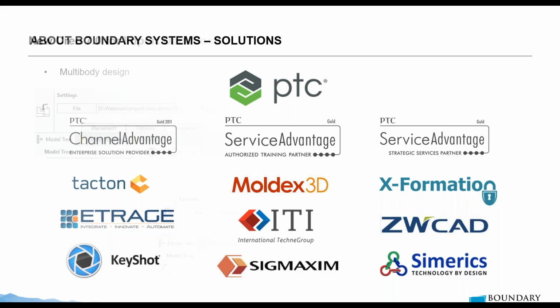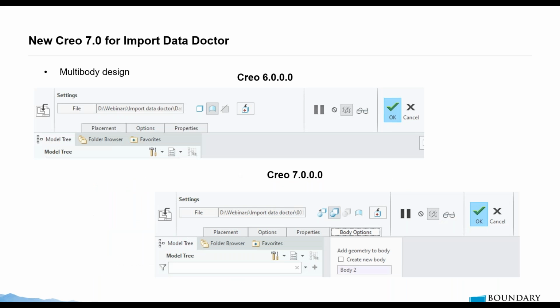Okay, so let's get to the topic for today, the import data doctor. I think if you go to our YouTube channel, you'll see there's a few recordings on import data doctor. So it's still very relevant. All the things that are in those videos are still things you need to apply.